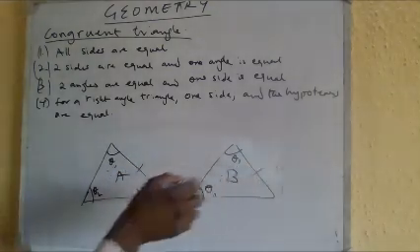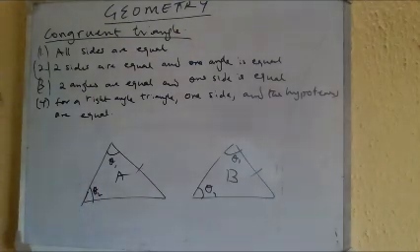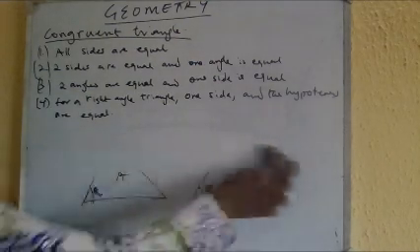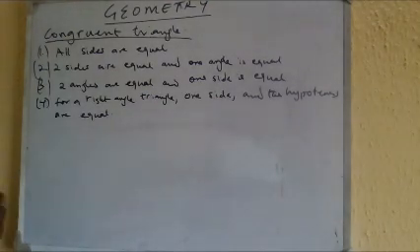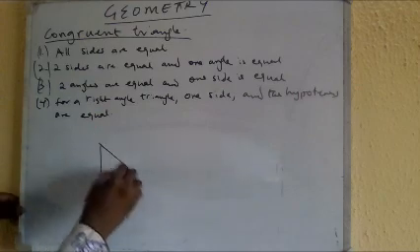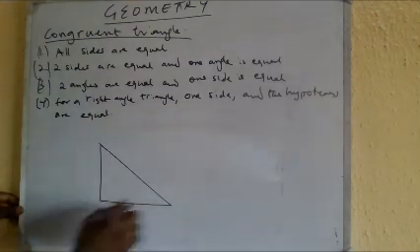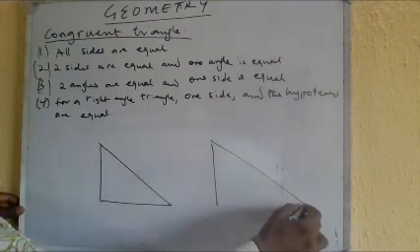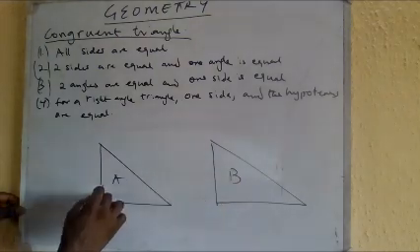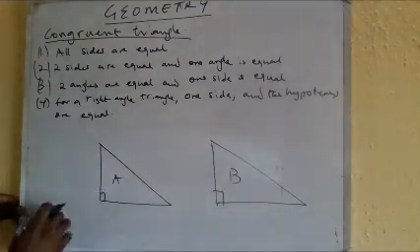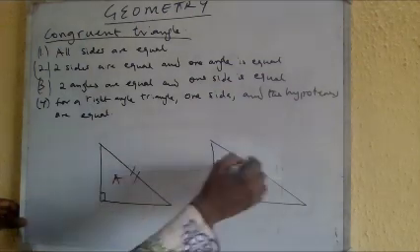The last condition that can be satisfied is for right-angle triangles. Congruency can also exist for two right-angle triangles A and B if I have the hypotenuse the same and one side the same.